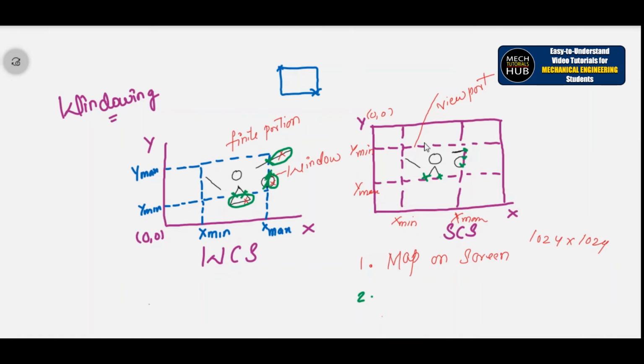I said the complete screen is divided into 9 different segments, and whatever is picked from the world coordinates is going to be visible exactly in the middle of the screen, and all the other sides are going to be empty.